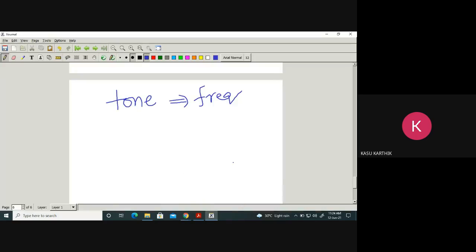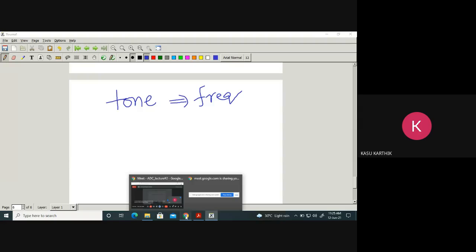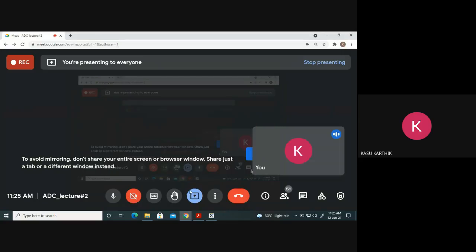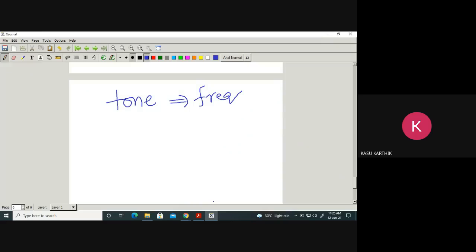Tell me a signal which has only one frequency component. Anyone? You can message me at least. What are examples of single tone signals?